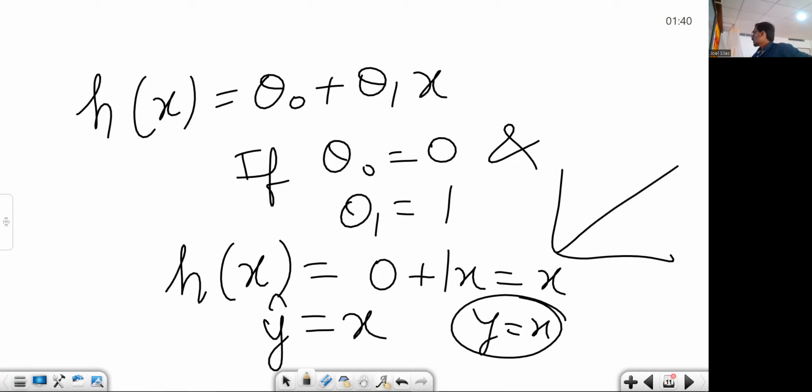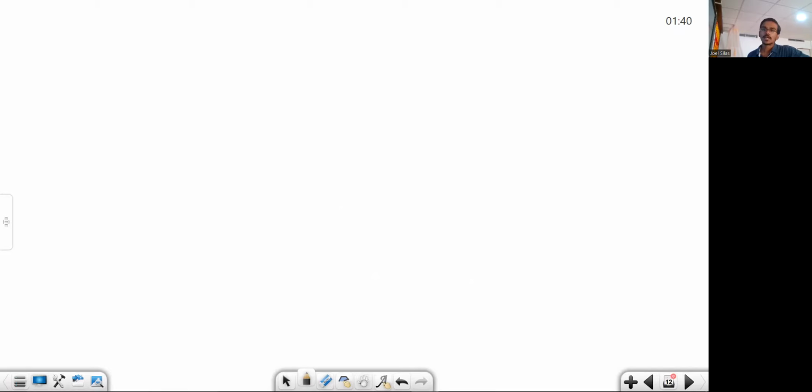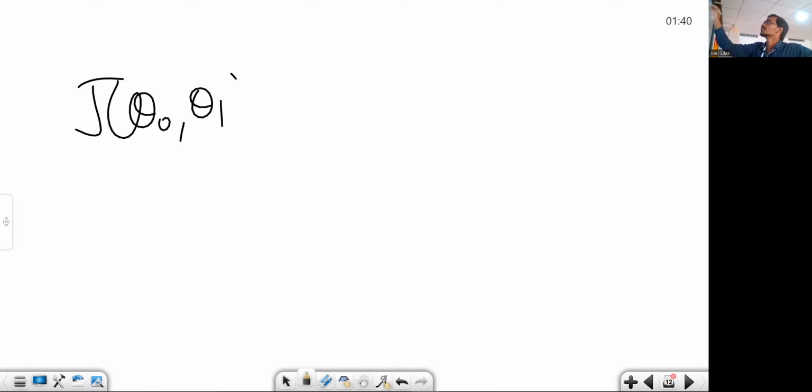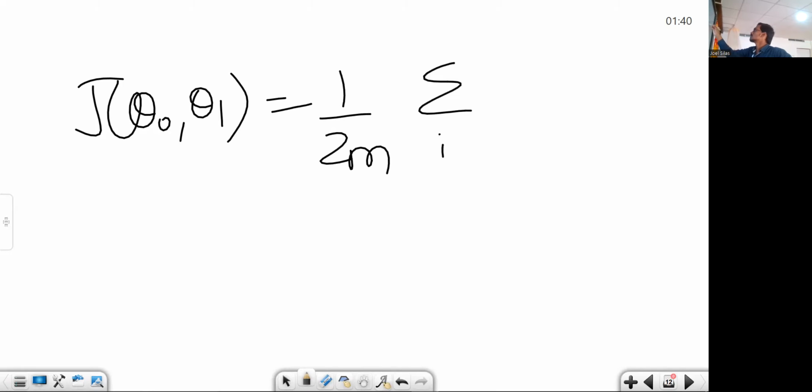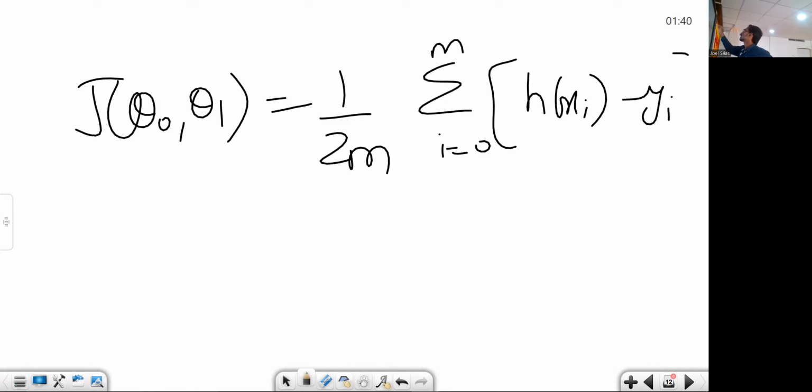Now, previously also I discussed that our objective is to minimize that error. That means indirectly we want to minimize the cost function, which is given by J of theta 0, theta 1 equal to 1 upon 2m summation i is equal to 0 to m of (h of x minus y) squared.